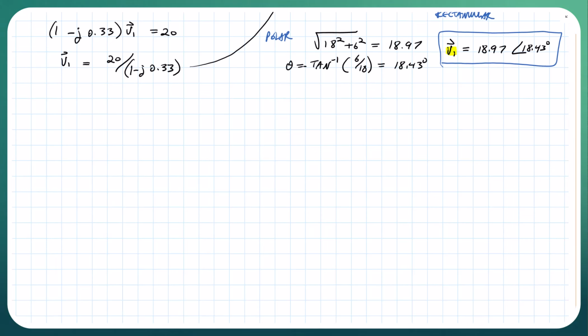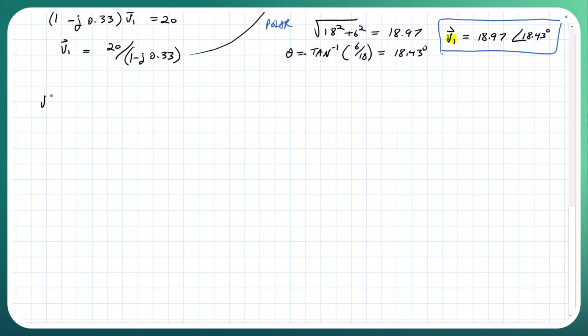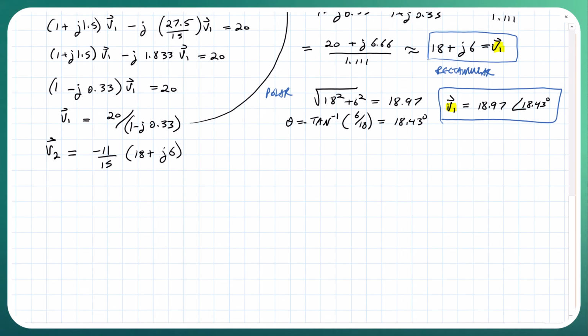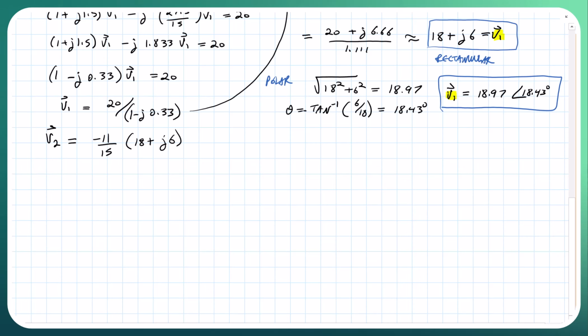So we got V2 is equal to minus 11 over 15 times 18 plus j6. That's where we plug in our V1.